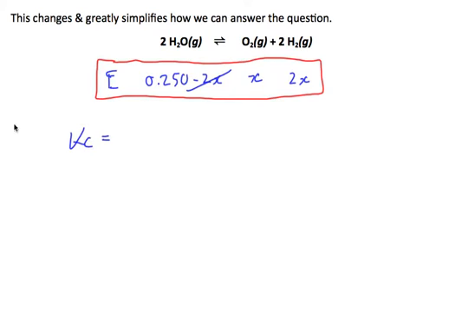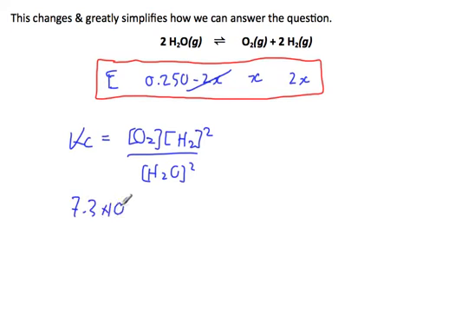We'll rewrite the entire equilibrium expression: oxygen times hydrogen squared over water squared, and our equilibrium value is 7.3 times 10 to the minus 7 equals x times 2x squared all over 0.25 squared.